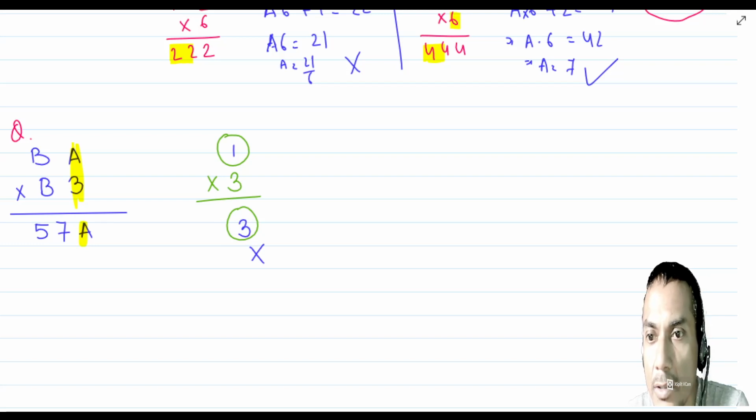Next, if I consider 2, it is not possible. 3 2 is 6. 3, 3, 3 is 9, not possible, because this empty circle, the value should be the same. So 4, 4 3 ja 12. It is not possible. 5. So let's check 5 into 3.